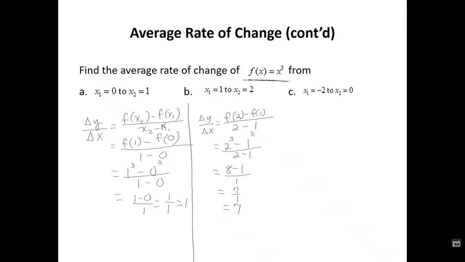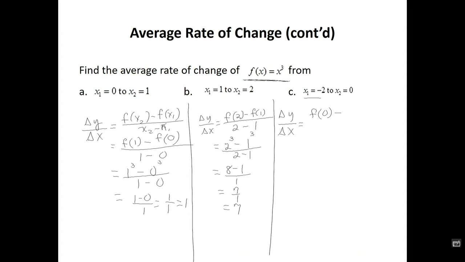One more example. In this example, x changes from negative 2 to 0. Again, to compute the average rate of change of the function, we have the change in y. So this is going to be f of x2. X sub 2 is 0. So this is f of 0 minus f of x sub 1. X sub 1 is negative 2.